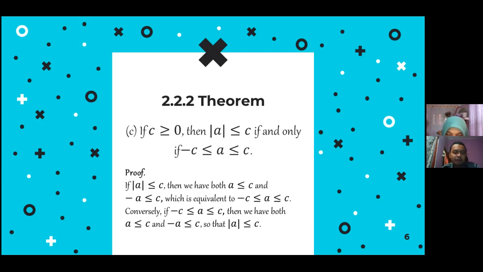If the absolute value of A is less than or equal to C, then we have both A less than or equal to C and negative A less than or equal to C, which is equivalent to negative C less than or equal to A less than or equal to C. Conversely, if negative C is less than or equal to A less than or equal to C, then we have both A less than or equal to C and negative A less than or equal to C, so that the absolute value of A is less than or equal to C.